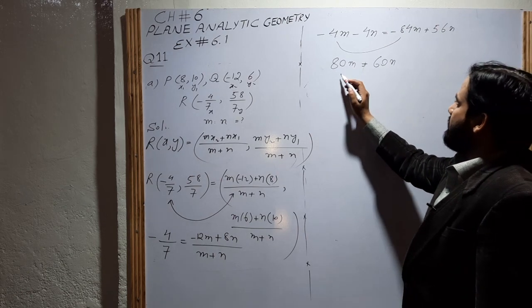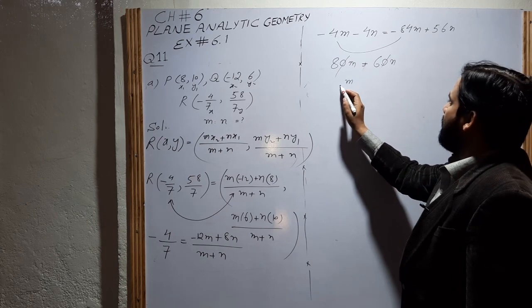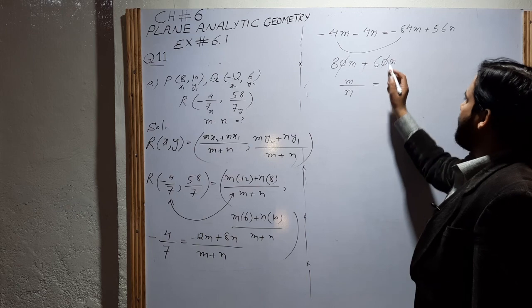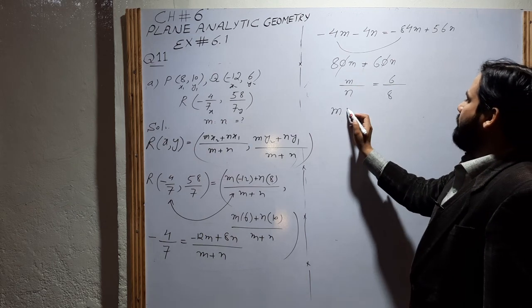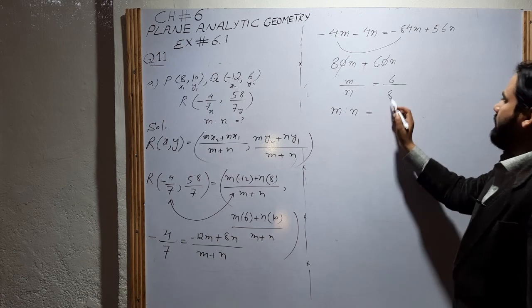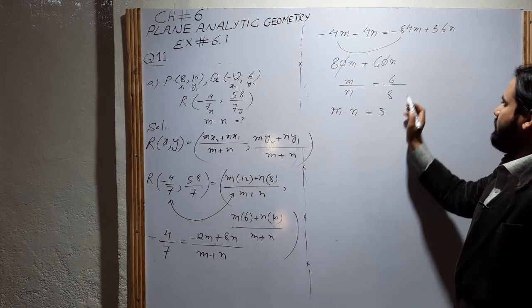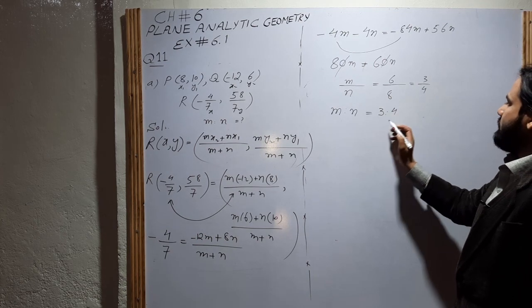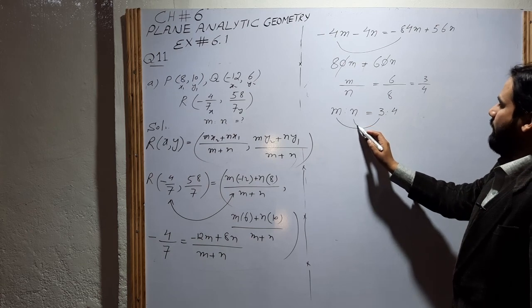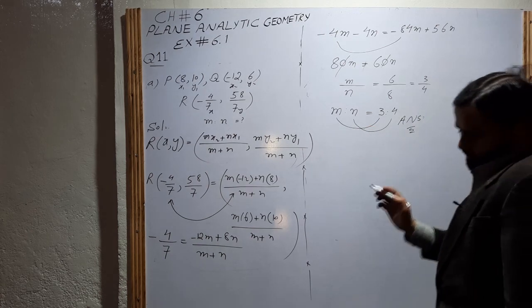So the zeros cancel, and m divided by n is equal to 6 divided by 8. So m ratio n after simplification, 2 threes are 6 and 2 fours are 8, so m is 3 and n is 4. This is the required answer.